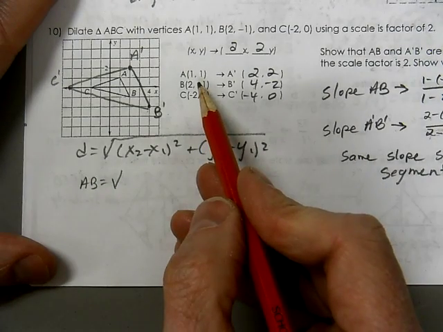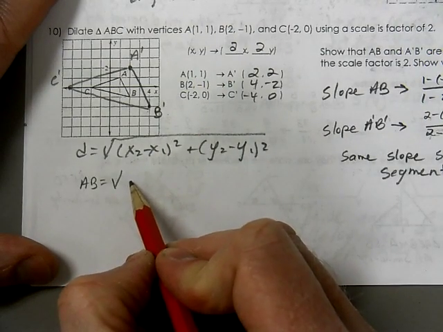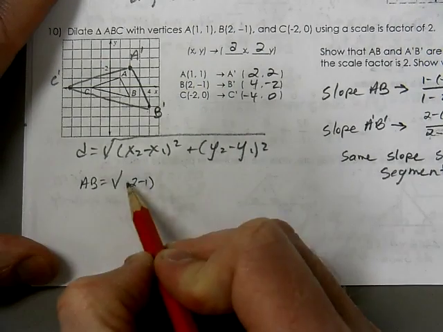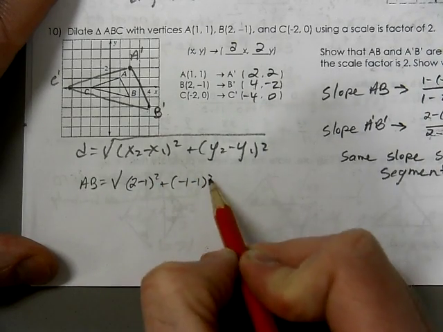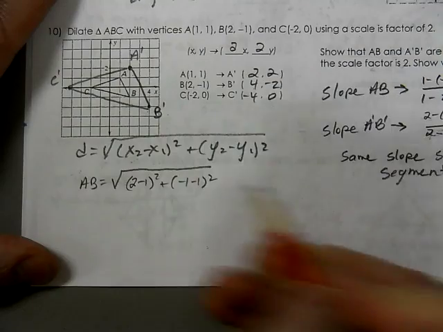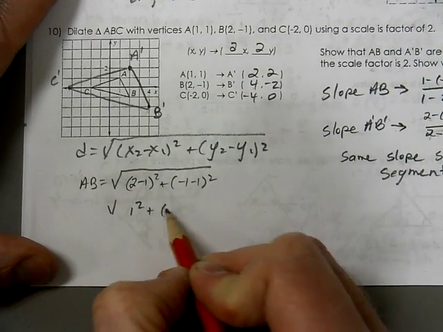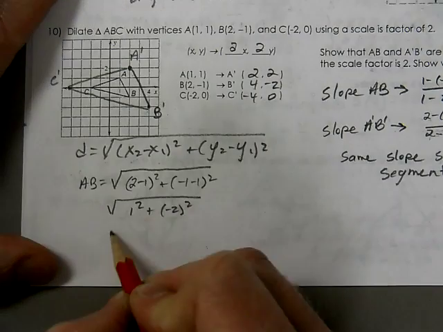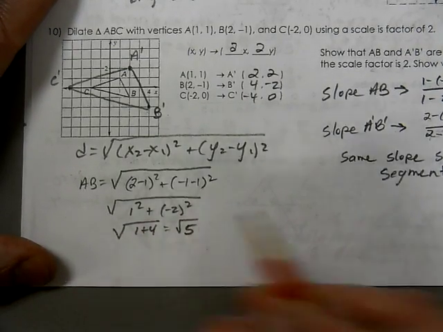Our length of AB is 2 minus 1 and negative 1 minus 1. So that's going to come out to be 1 squared plus a negative 2 squared, 1 plus 4. That's the square root of 5.